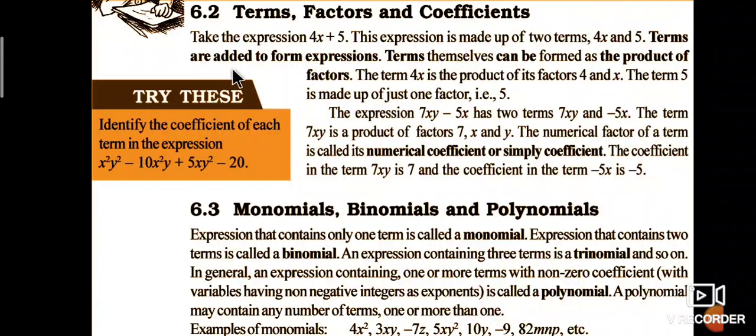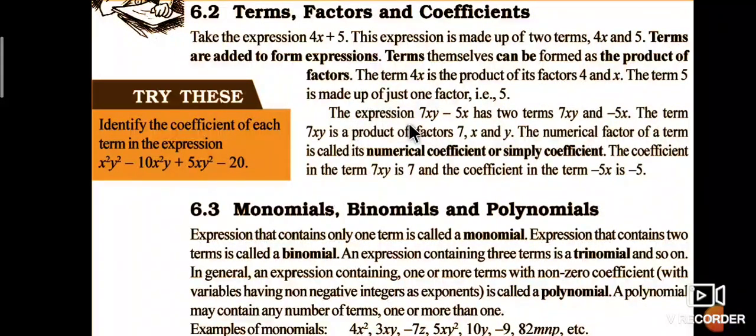Therefore, terms are added to form an expression. Terms themselves can be formed as the product of factors. The term 4x is the product of its factors 4 and x. The term 5 is made up of just one factor, that is 5.